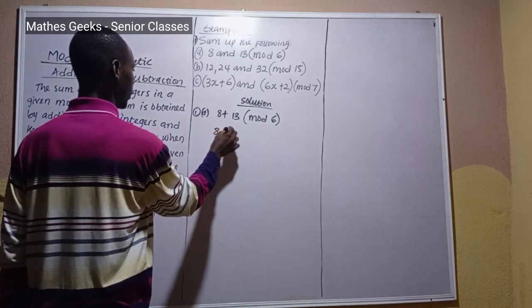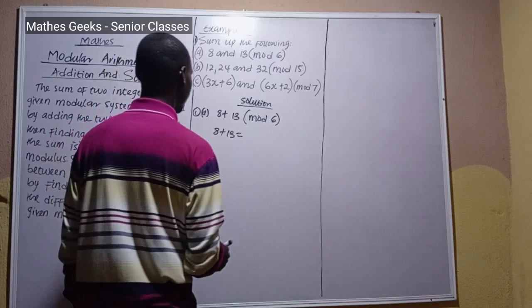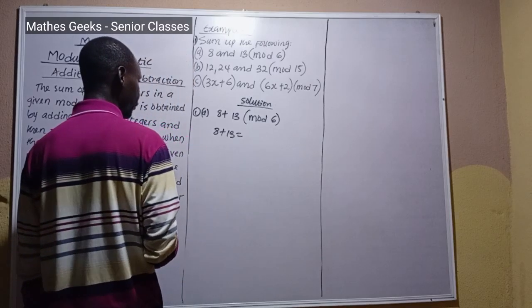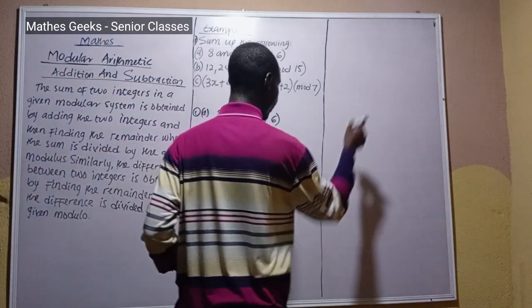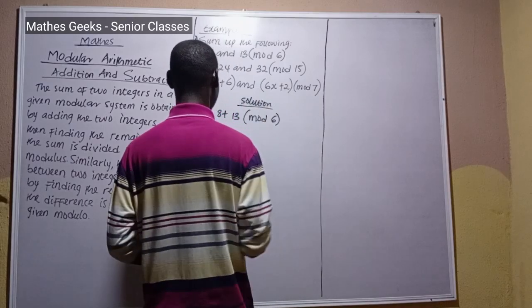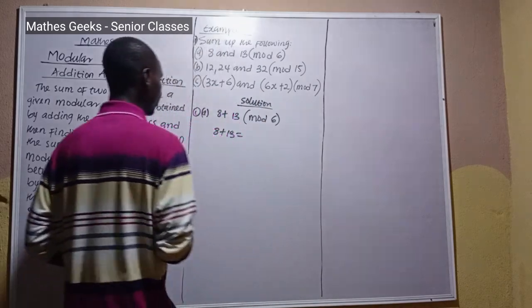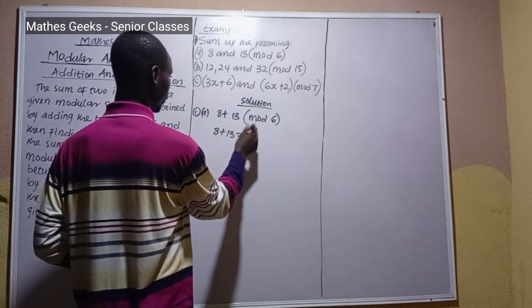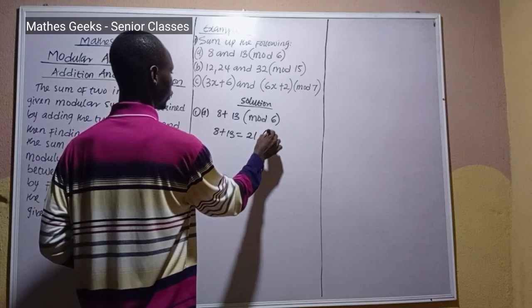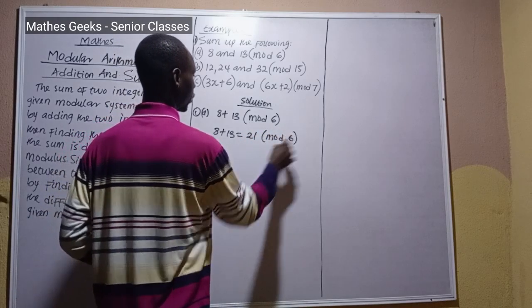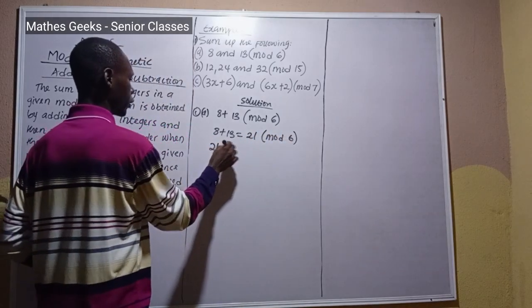So 8 plus 13 will be 21. So 21 in mod 6.